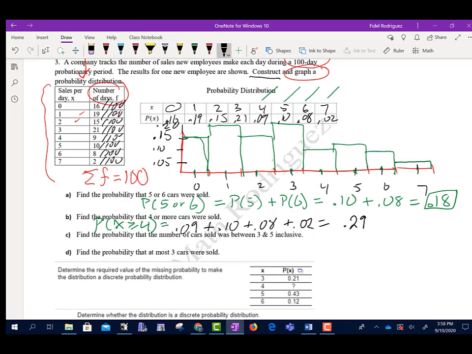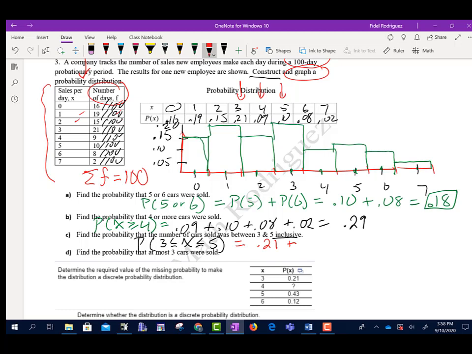Okay. Part C says, find the probability that the number of cars sold was between 3 and 5. And if you notice here, there's the word inclusive. So what they mean by that is that I'm going to look at 3 and 5, including 3 and 5. So I'm going to look at this one, and this one. For 3, it's 0.21.